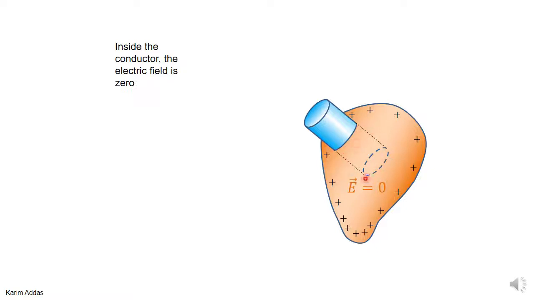Anywhere inside the conductor, the electric field is 0, so there's no electric flux at all.